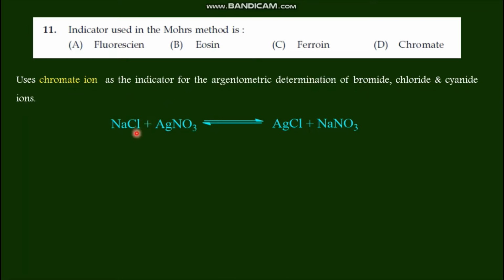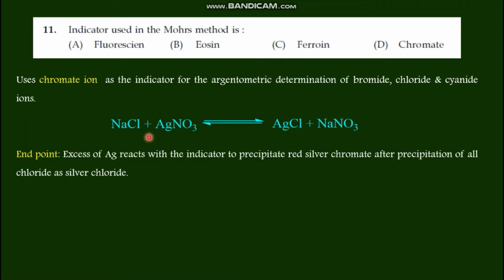Here we can take one chloride, sodium chloride. When it reacts with silver nitrate, we get silver chloride and sodium nitrate. Endpoint in this method means the excess silver reacts with the indicator to precipitate as red silver chromate.